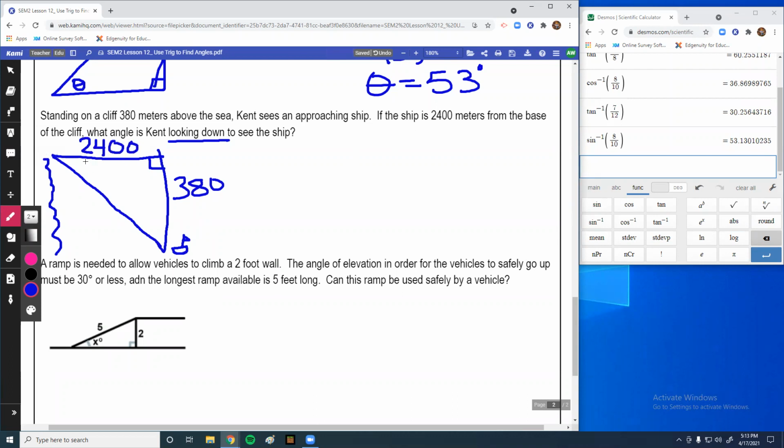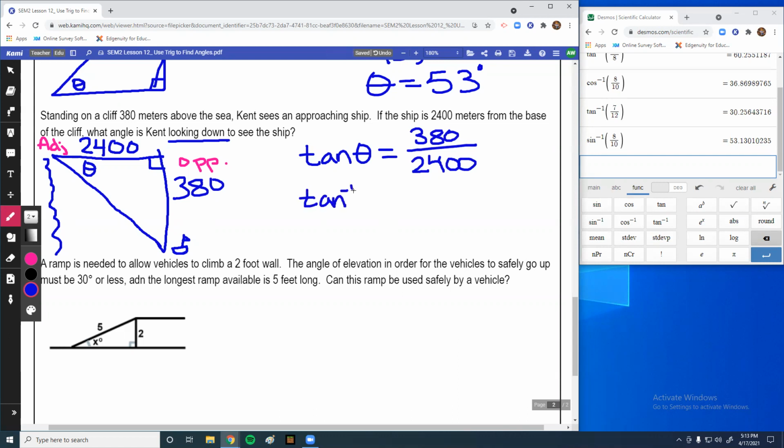And then we want the angle of depression. So we have an opposite side and we have an adjacent side. So we use tangent theta is equal to 380 divided by 2400.